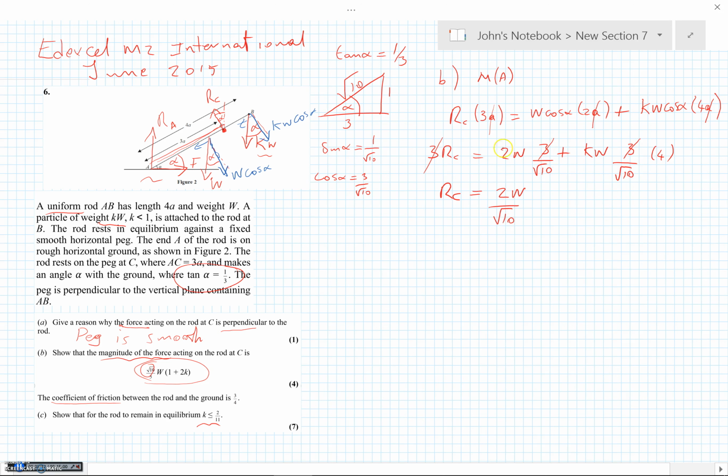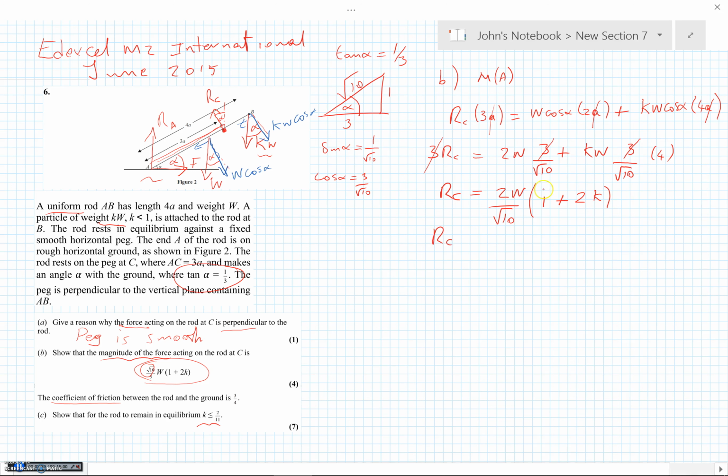And now here, the whole of this bit here is that. So that's 1 plus, and there will be a 2k left here. Now that's not quite the set of what we've been asked to show, but I'm sure that anyone who's marking this is going to be convinced that you know what you're doing.